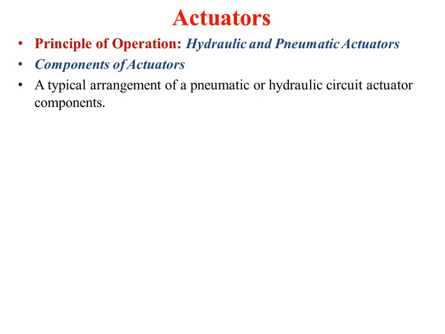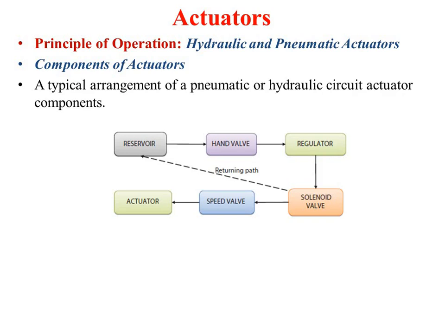How are we going to connect it in a serial manner? Let us try to understand. Here is the reservoir. The reservoir is controlled with the hand valve. The hand valve is again controlled with the regulator, so that the pressure will be maintained properly. Then a solenoid valve will be there, which will open the valves. The speed valve is near the actuators, and it decides at what speed the flow will be.